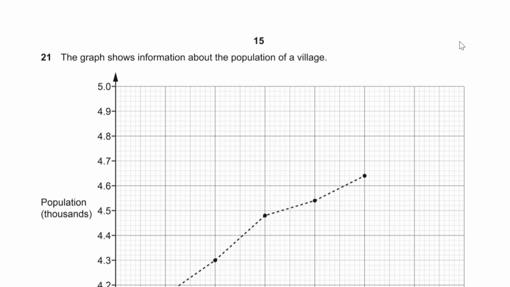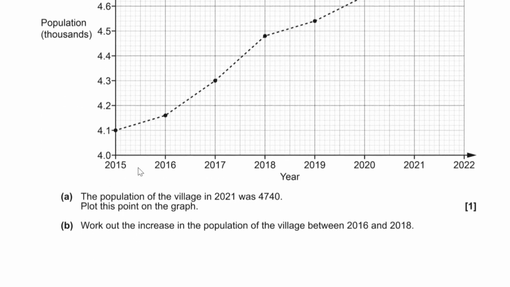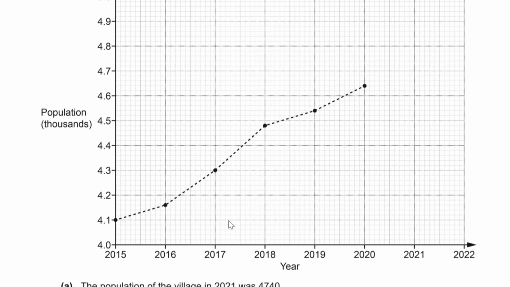Question number 21. We have the graph over here which shows information about the population of a village. Part A, the population of the village in 2021 was 4,740, and we have to plot this point on the graph.